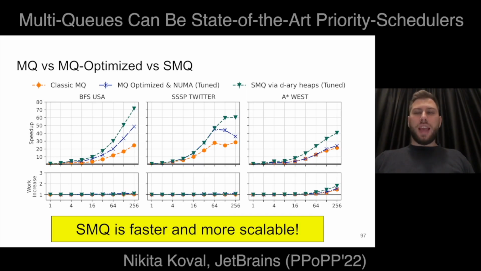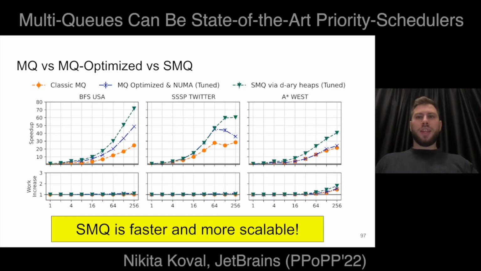And we see that the SMQ algorithm is significantly faster than both the classic multi-queue and its optimized version. The SMQ algorithm is parameterized with the stealing probability and the stealing buffer size, so we tuned both these parameters in the experiment. You also may notice that the work increase stays the same with all these optimizations, which is great.